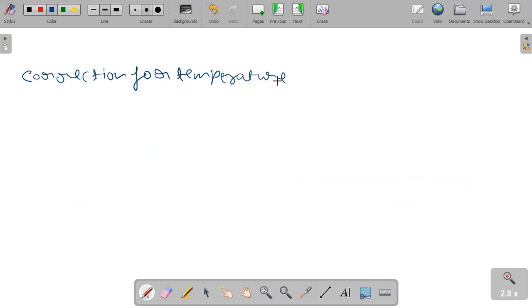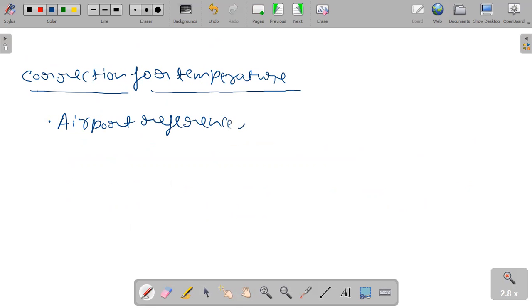In temperature, we have the airport reference temperature, basically denoted as ART.